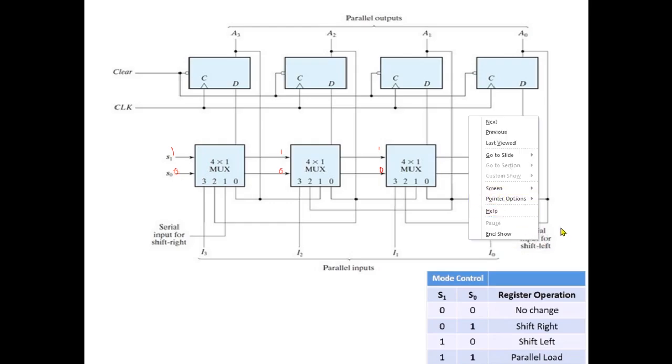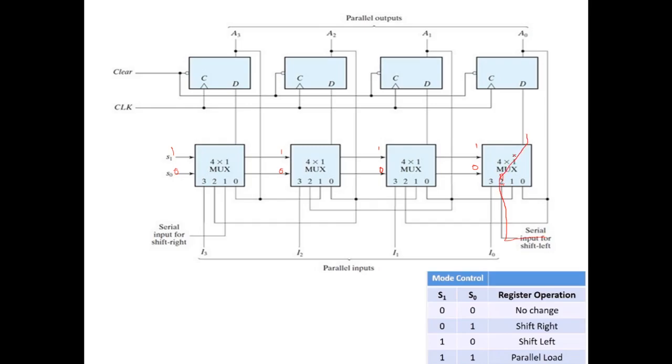The output of the multiplexer is the input of the D flip flop. It takes the second input, that is the D2 input, that is the external input.